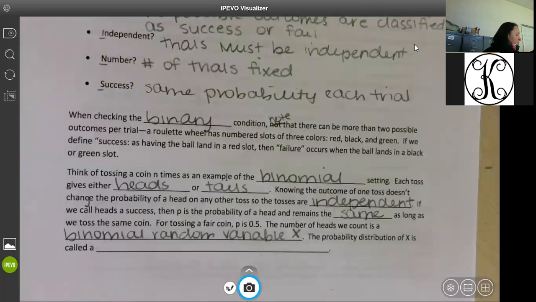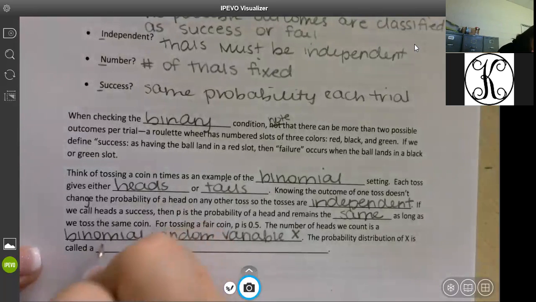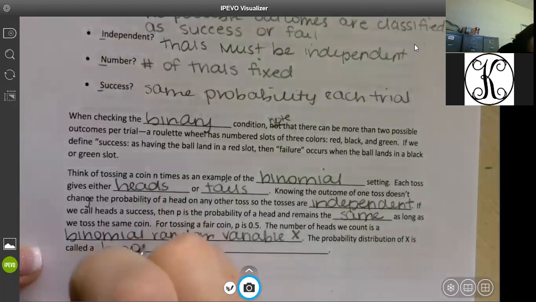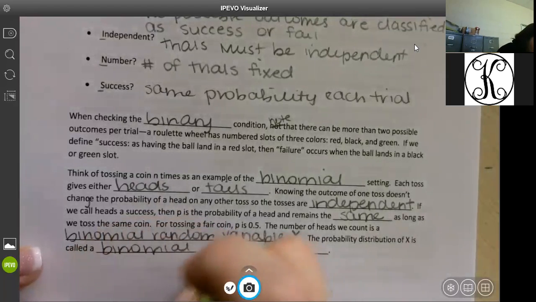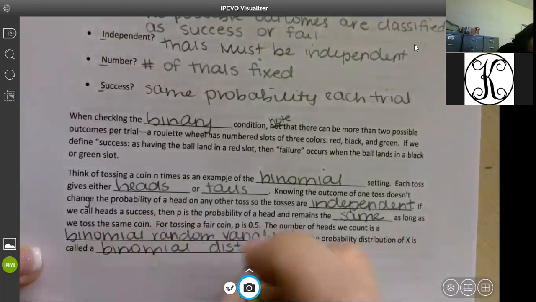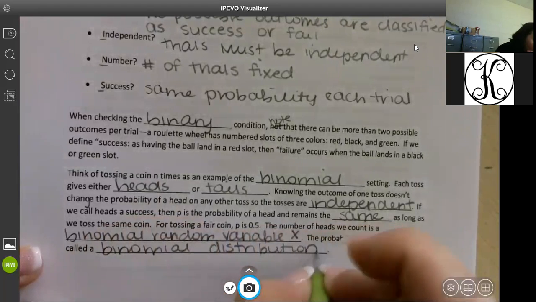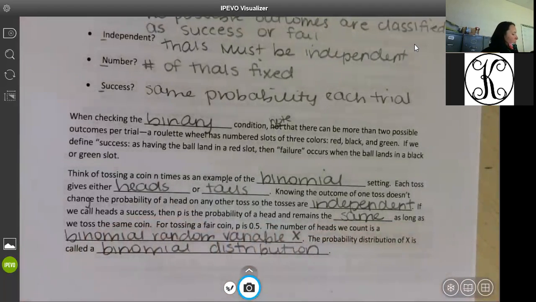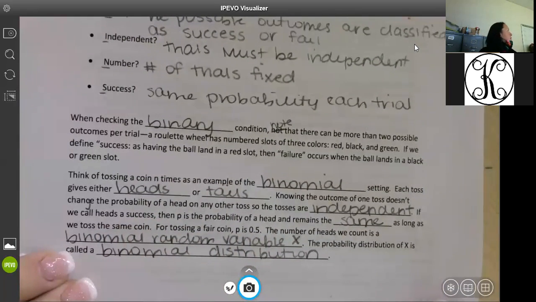So the probability distribution of X is called a binomial distribution. Everybody good? Good. All right.